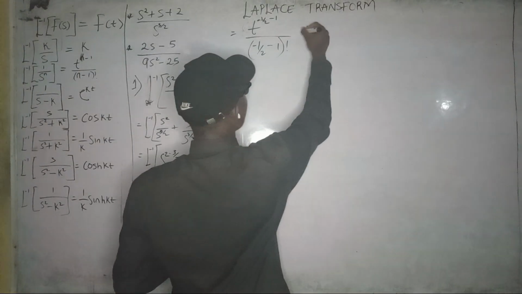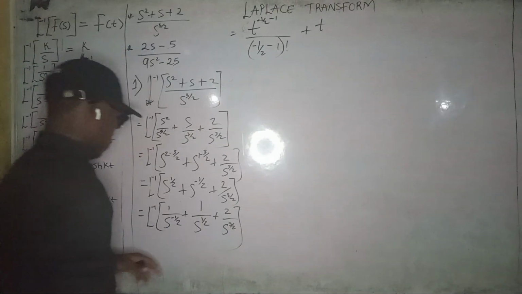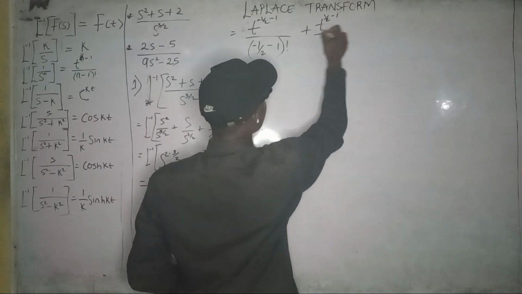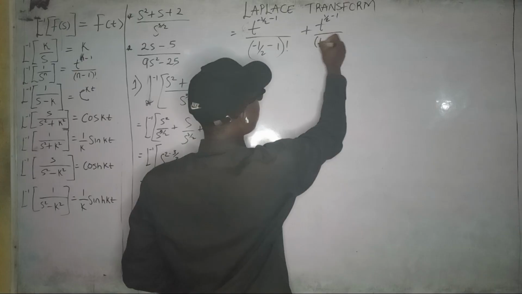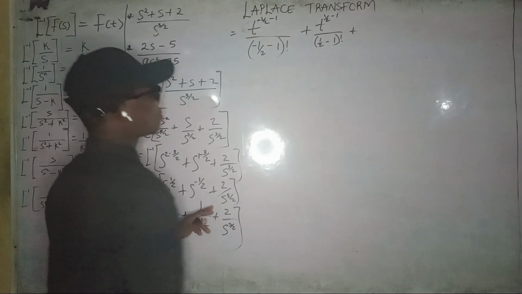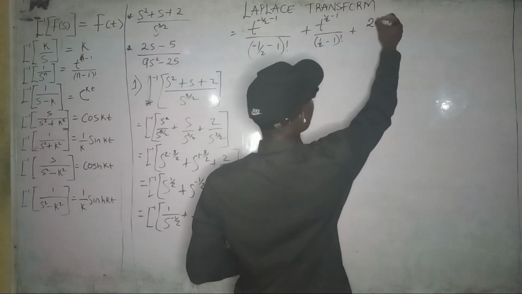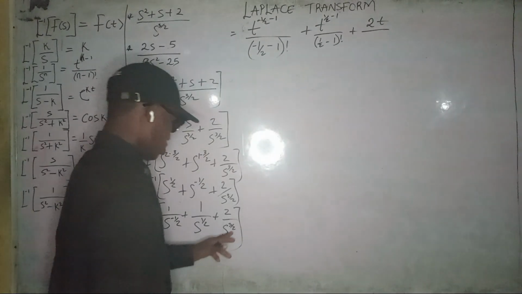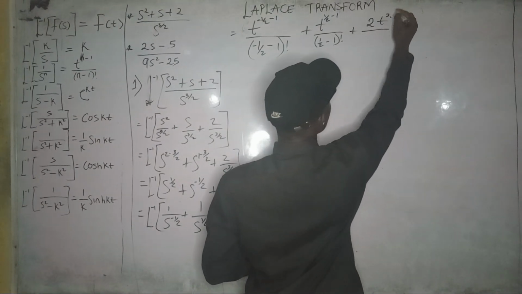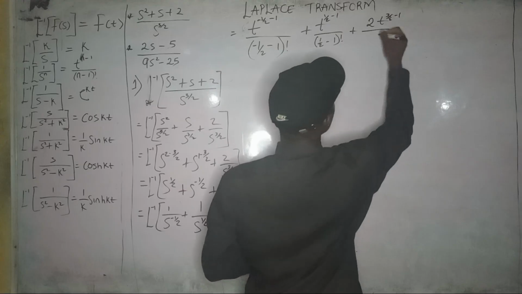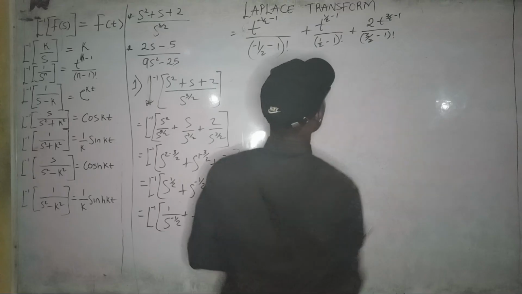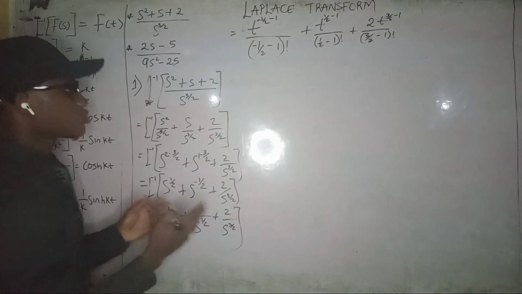So we have plus t raised to power 1 over 2, over 1 over 2 minus 1 factorial. And in this case here, we have plus 2t raised to power 3 over 2 minus 1, over 3 over 2 minus 1 factorial.